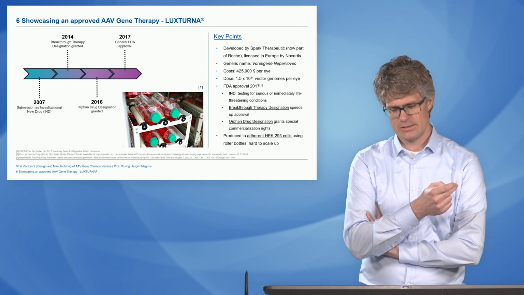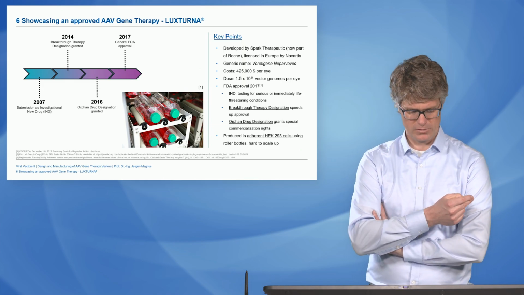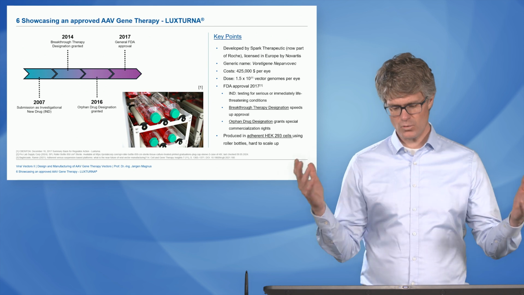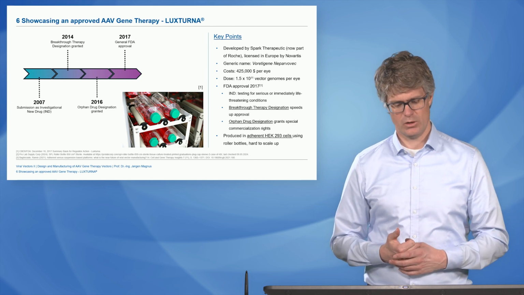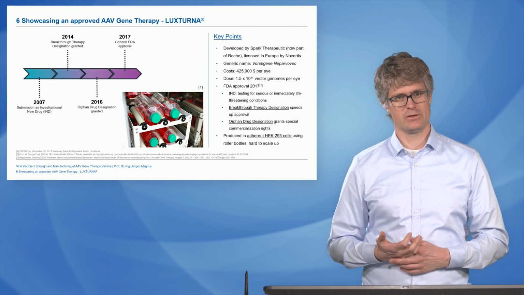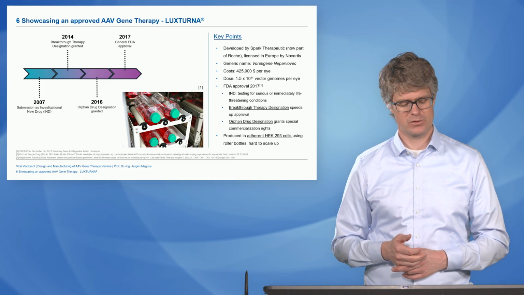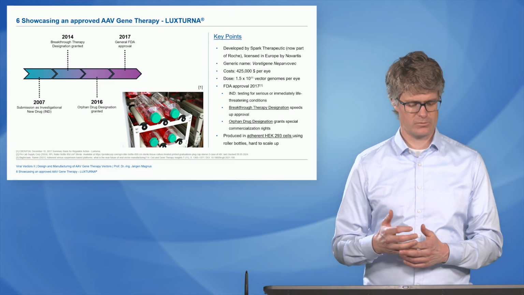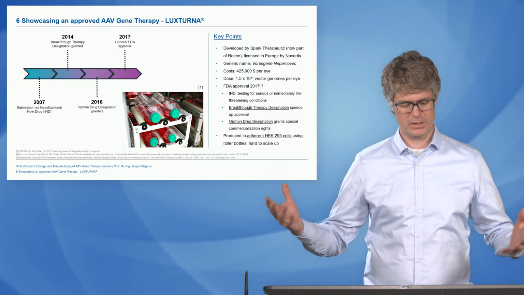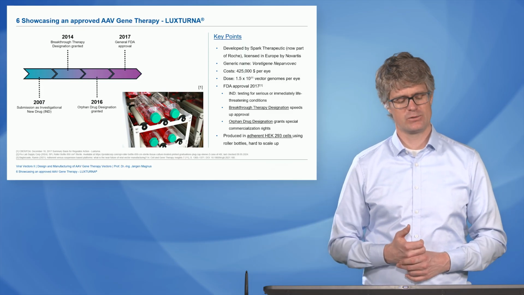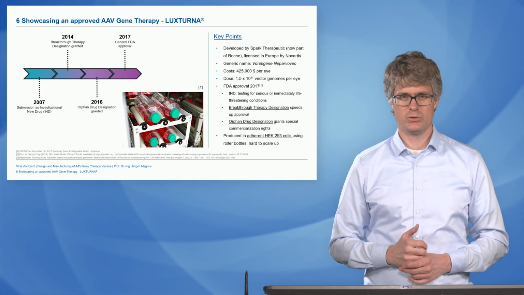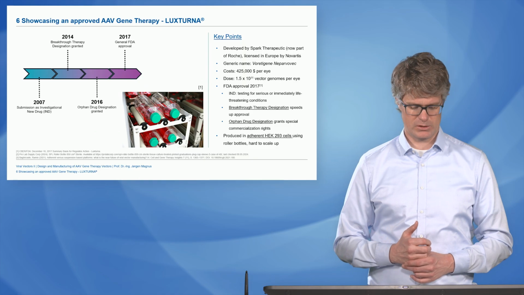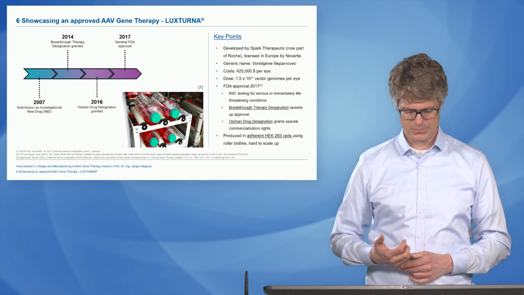And in that case, if you try to do it by roller bottles, you would also need several orders of magnitude more roller bottles, which just wouldn't work, because you would really have an enormous space of roller bottles. And that's where it's important to use the suspension culture to produce the drugs.